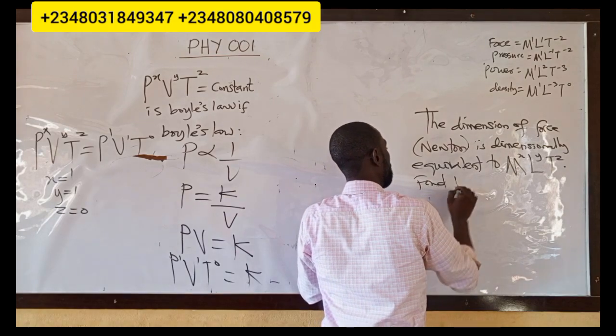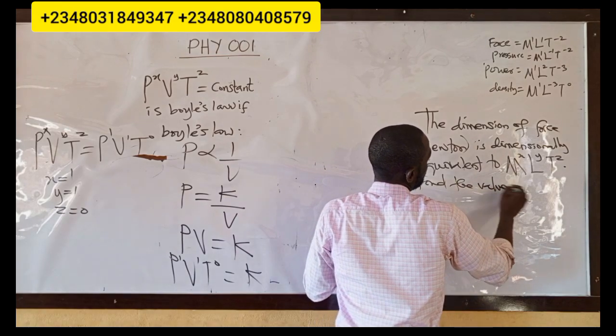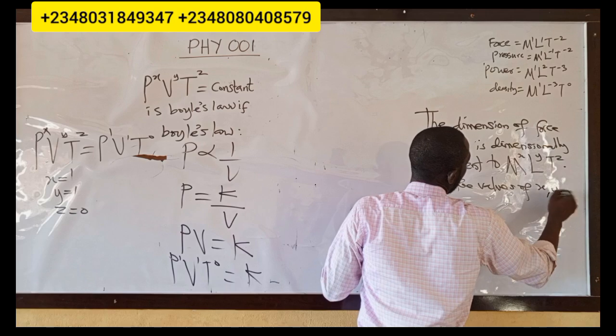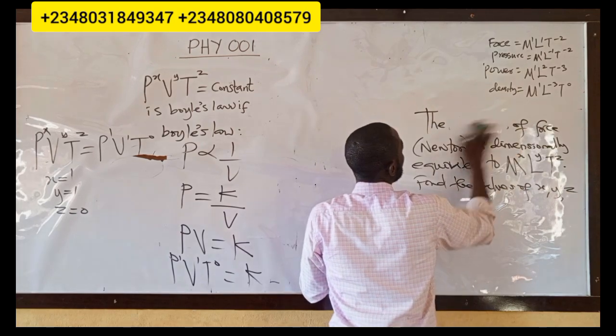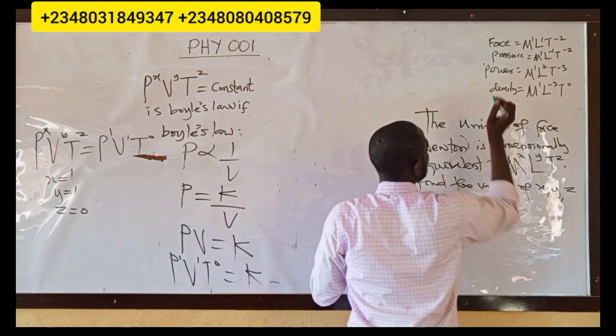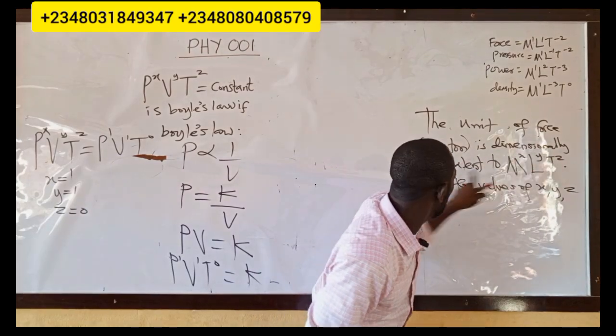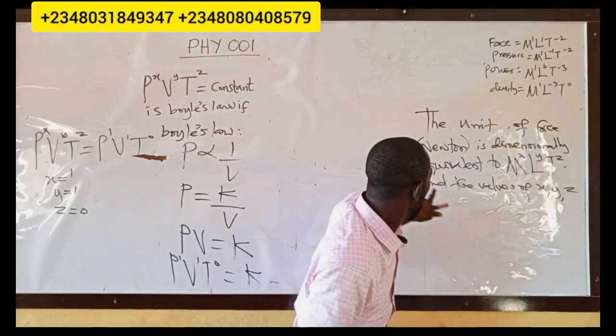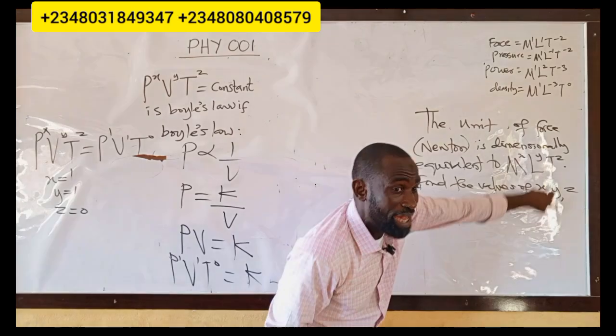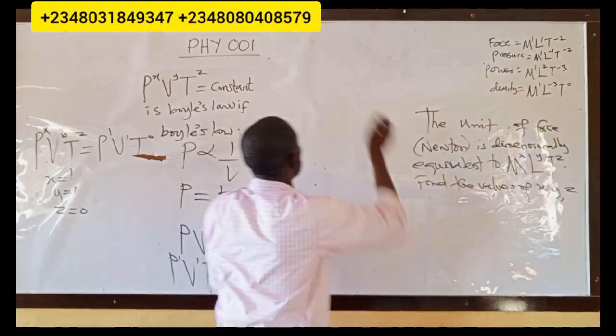Find the values of x, y, and z. This should be the unit of force. The unit of force, Newton, is dimensionally equivalent to this. Find the values of x, y, and z. We're going to use dimension to solve this. So how do we do that?